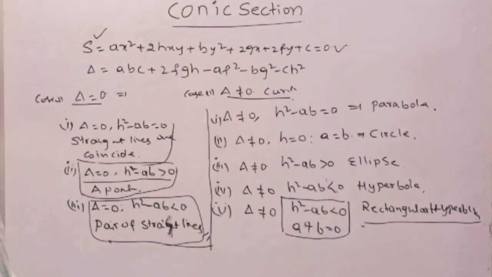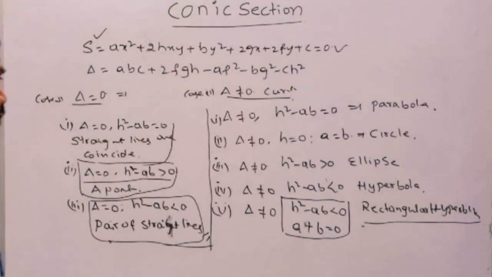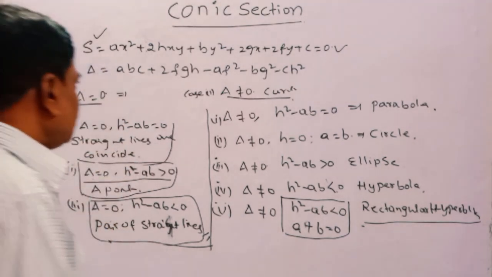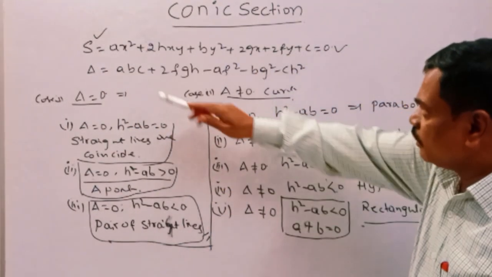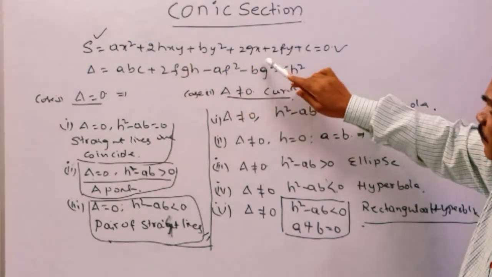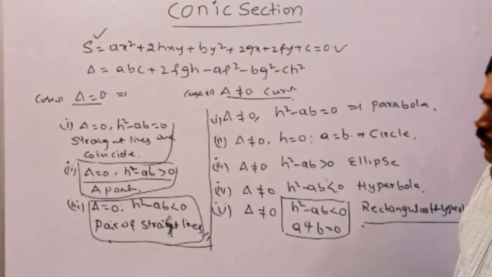This is the information of the conic section. The conic section equation is ax square + 2hxy + by square + 2gx + 2fy + c = 0.